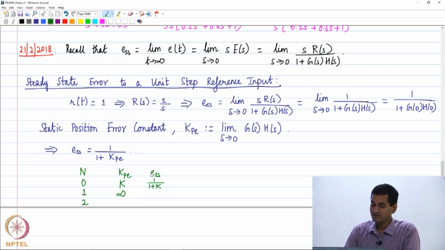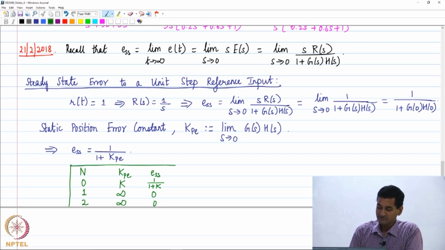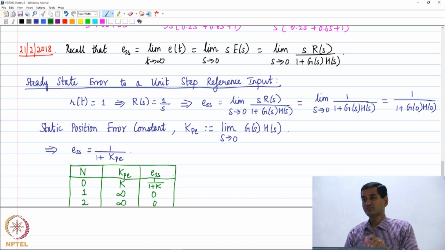So what will happen to the steady state error? It will asymptotically tend to 0, right, and that's going to be the same case if N is equal to 2 and higher, right. So that's what we will get, okay, for different values of N, when we want to track or follow a step input.